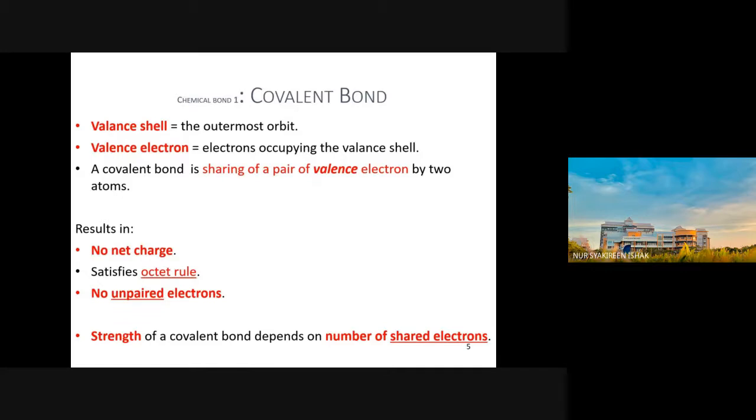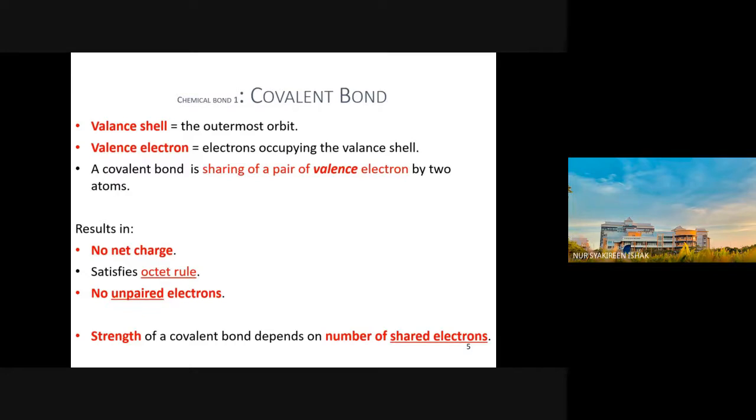So for a covalent bond to form, it involves 2 atoms within a molecule to share valence electrons, a pair of valence electrons that are shared between atoms within a molecule. The result of a covalent bond is that it causes no net charge.